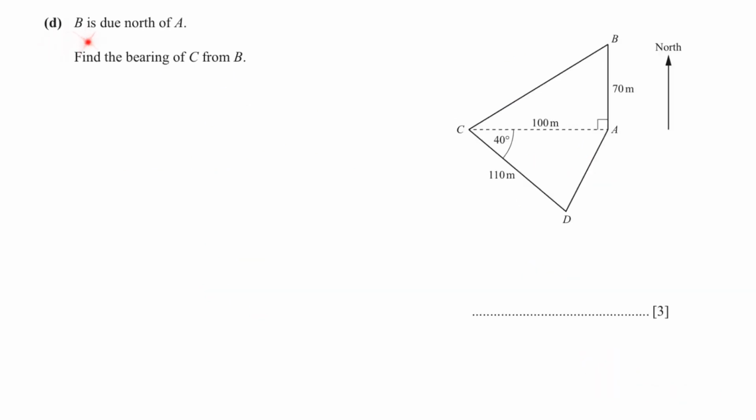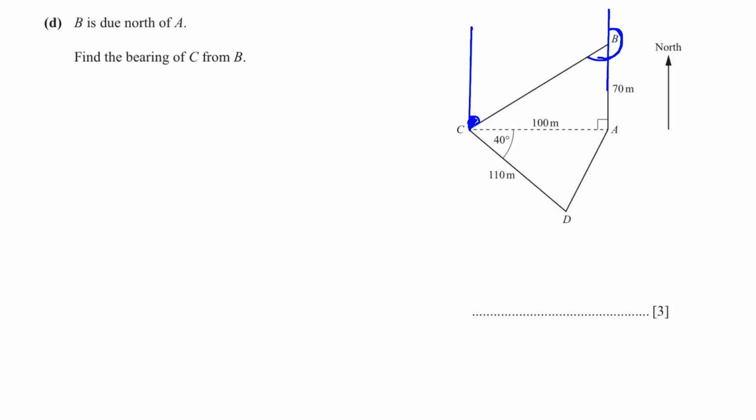Part D, B is due north of A. Find the bearing of C from B. So if we draw straight lines here, we'll understand it more clearly. We need to find the bearing of C from B. We need to find this bearing. For that, you need to know this angle.